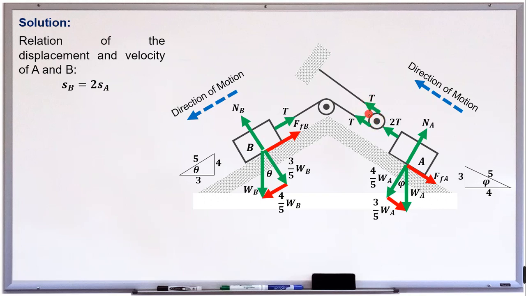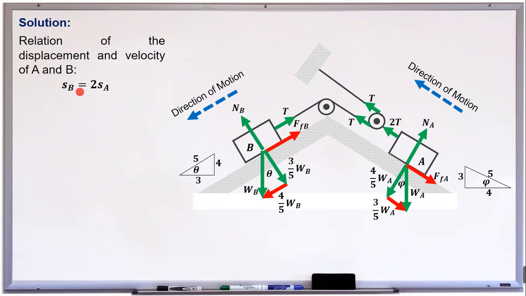For every 1 unit moved by B, it will take one full turn for this pulley. So 1 unit on this side and 1 unit on the other side. That is why for every 1 unit of displacement of B, that is only half of A. Or in other words, the displacement of B is twice the displacement of A. That is why we have this equation.